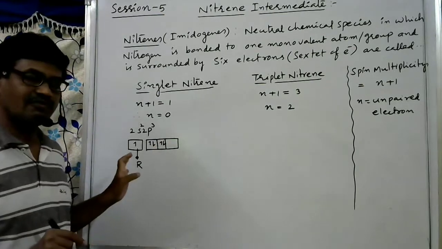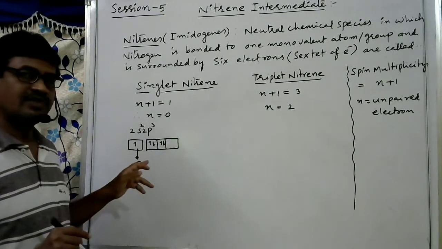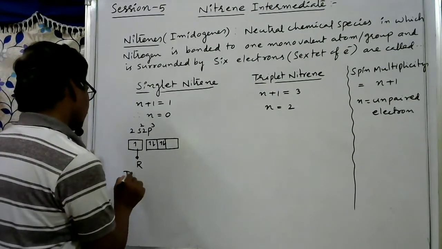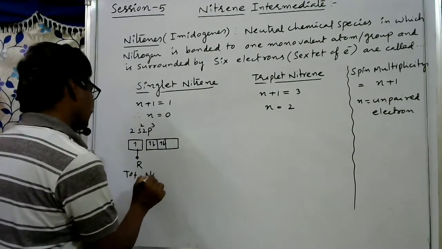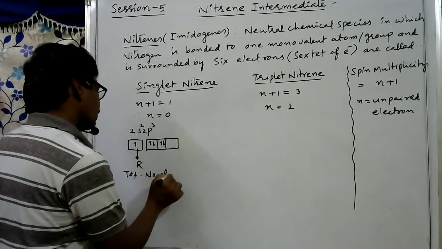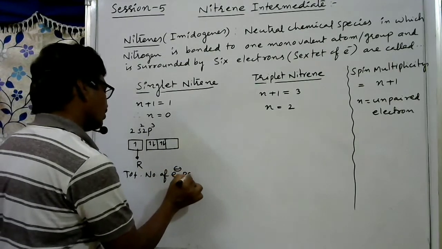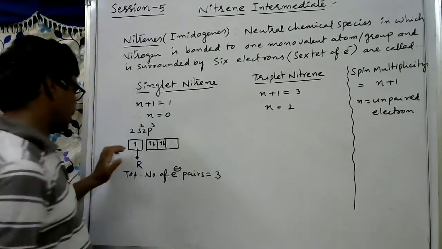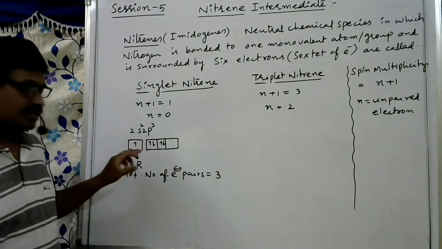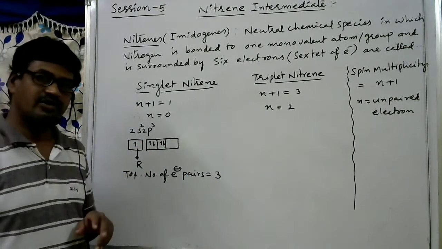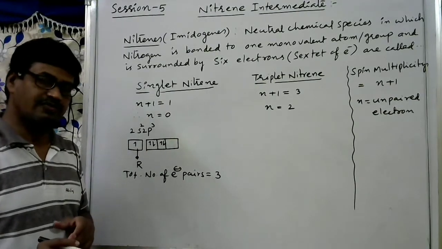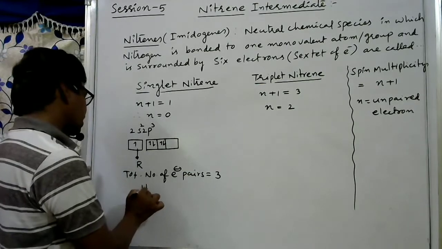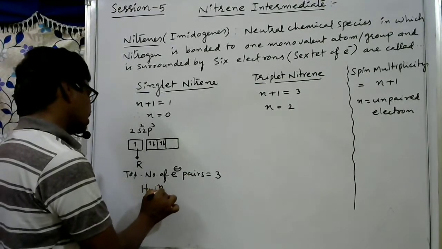So the total number of electron pairs here is 3. One is a bonding electron pair. These two are non-bonding electron pairs, otherwise lone pairs of electrons. If the total number of electron pairs is 3, then the hybridization is sp2.